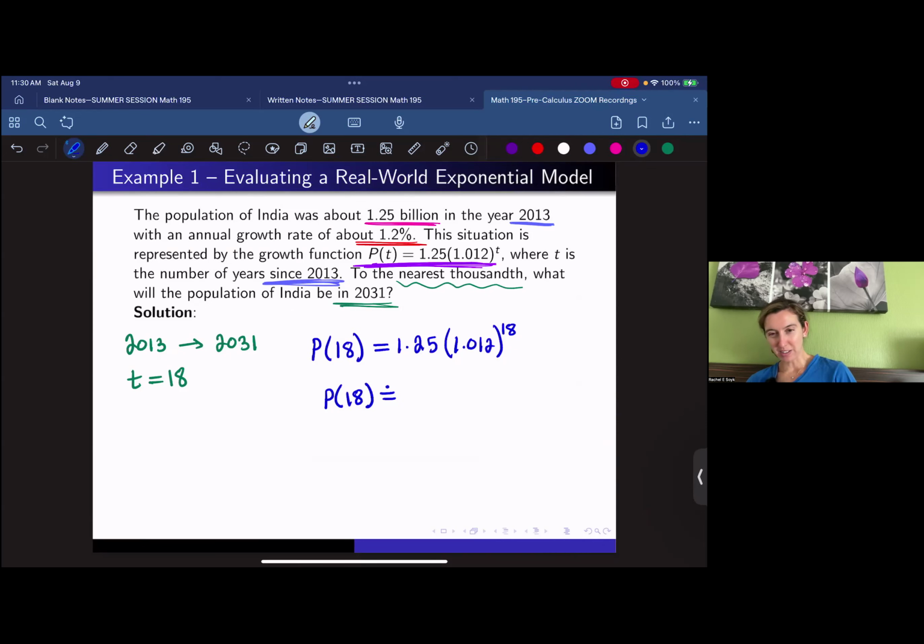Yeah. I was like, 1.549 people? That doesn't make sense. But it's billion people. So nearest thousandth, 3 decimals over.